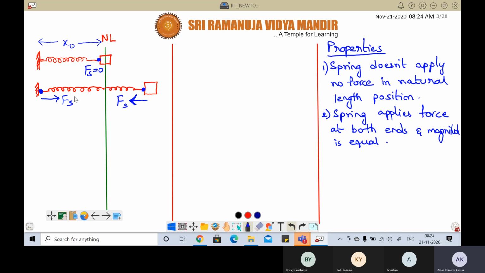Only direction is different. Here direction is which side? What is the direction at this end? Left side, sir. Left side. And the other end? Right side.